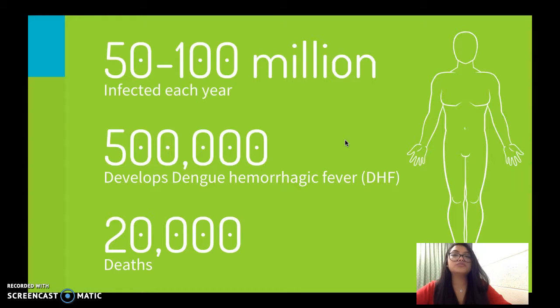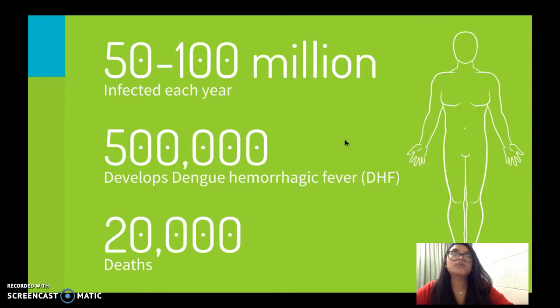50 to 100 million get infected each year. That's how infectious the dengue virus is. And 500 of those do develop dengue hemorrhagic fever, which requires hospitalization. And furthermore, once that DHF becomes more severe, it can develop into DSS, which is very fatal and increases deaths.